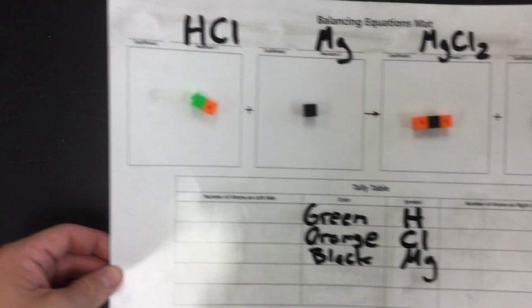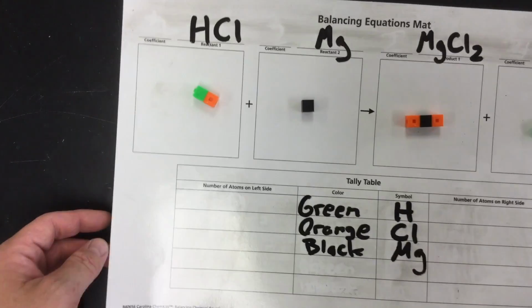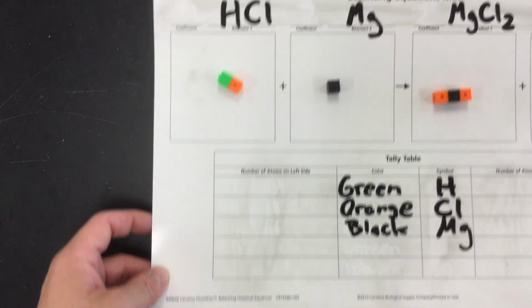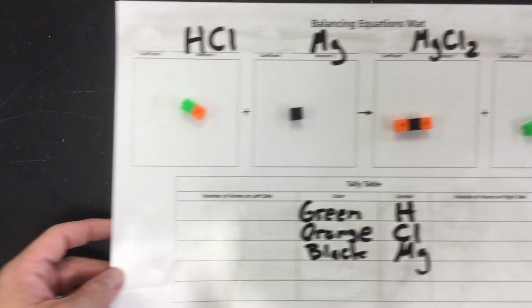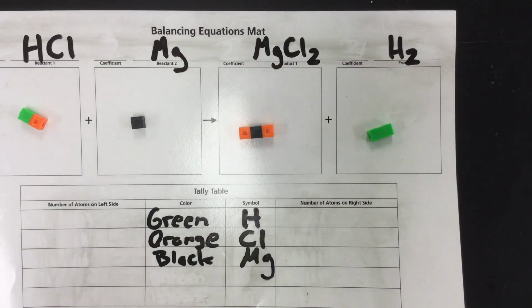Now we need to balance this. What we're going to do is change the number of each substance so that we obey the law of conservation of matter. I like to tell students to go one element at a time. It's often helpful to save hydrogen for last, but go one element at a time.